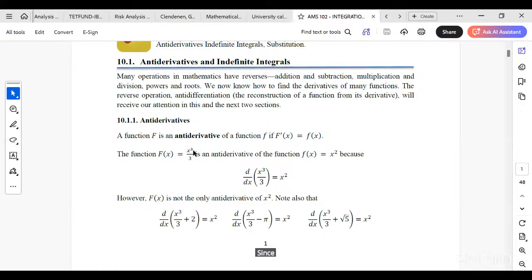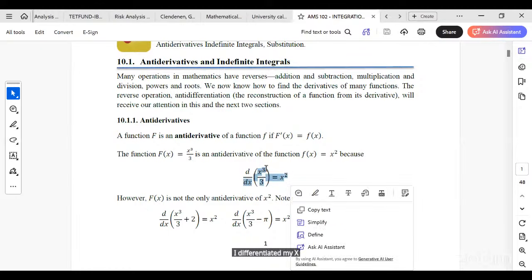Since the original function is divided by 3, the derivative will be x squared, just as we have here. I differentiated x to the power of 3 over 3 to give x squared. Now, what if I have a constant that was added to the function that I'm integrating? Remember that the differential of a constant is 0.